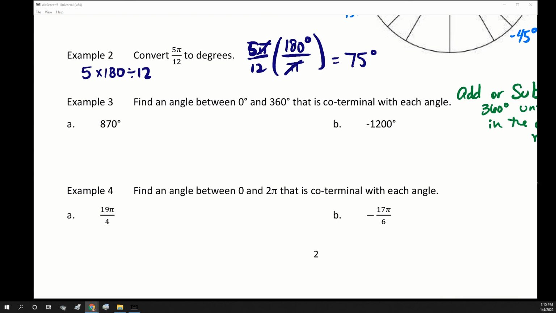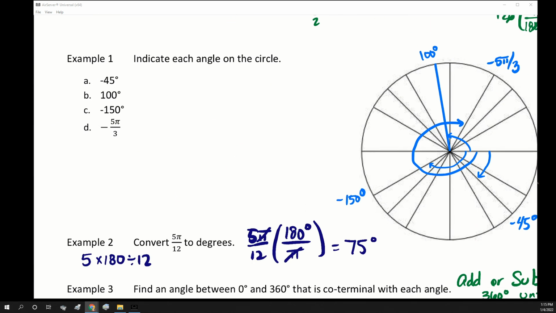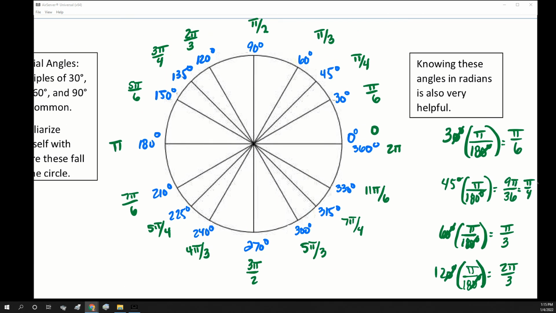So in this first one, we're going to subtract. So we subtract 360 degrees one time. It's not quite small enough. So then we'll just subtract it again, and we get 150 degrees. So what that means is 870 degrees goes all the way around twice and then stops at 150 degrees.